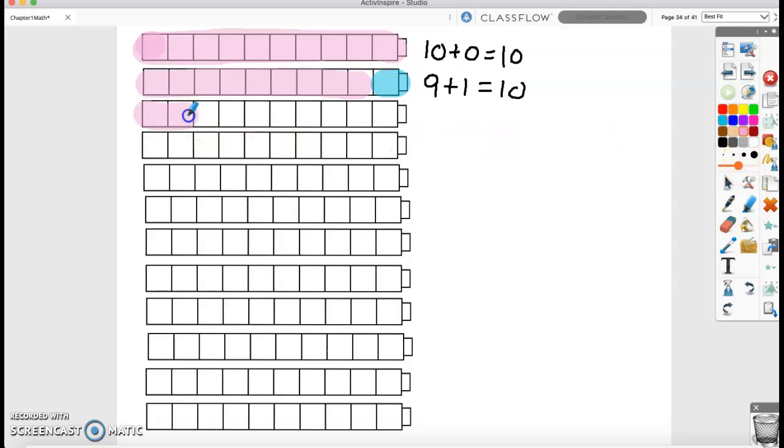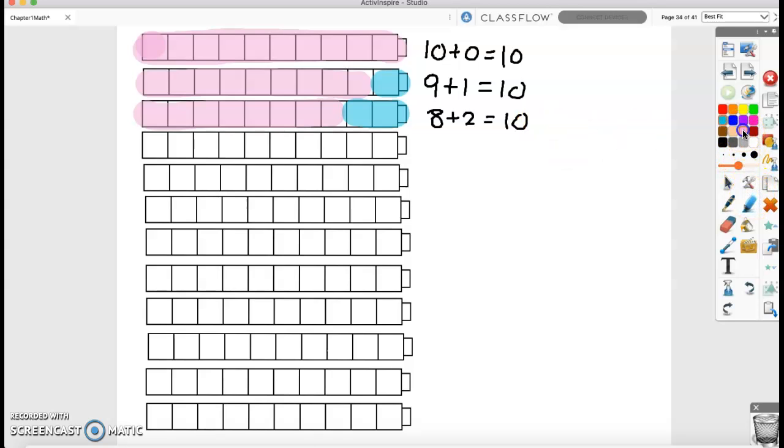Here's my next one. I'm going to color all of these pink, and I'm going to color these blue. Think about my number sentence. What do you think it is? If you said 8 plus 2 equals 10, excellent.